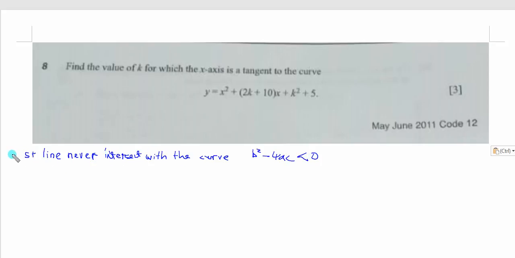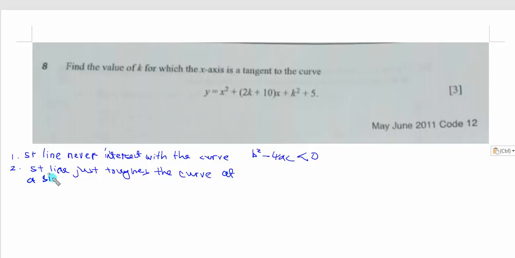Okay, now another case, the straight line just touches the curve at a single point.